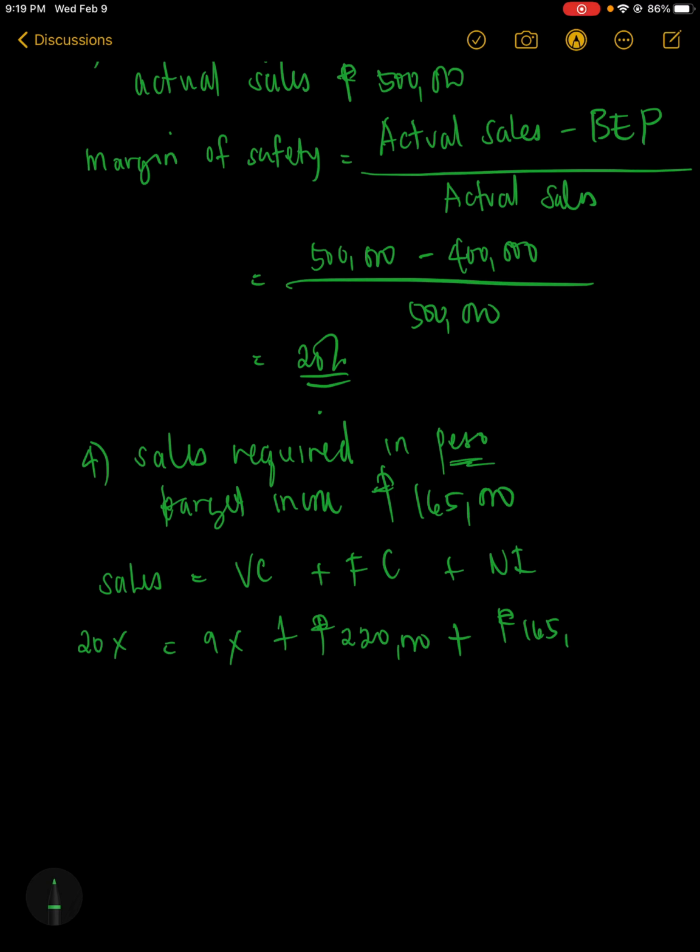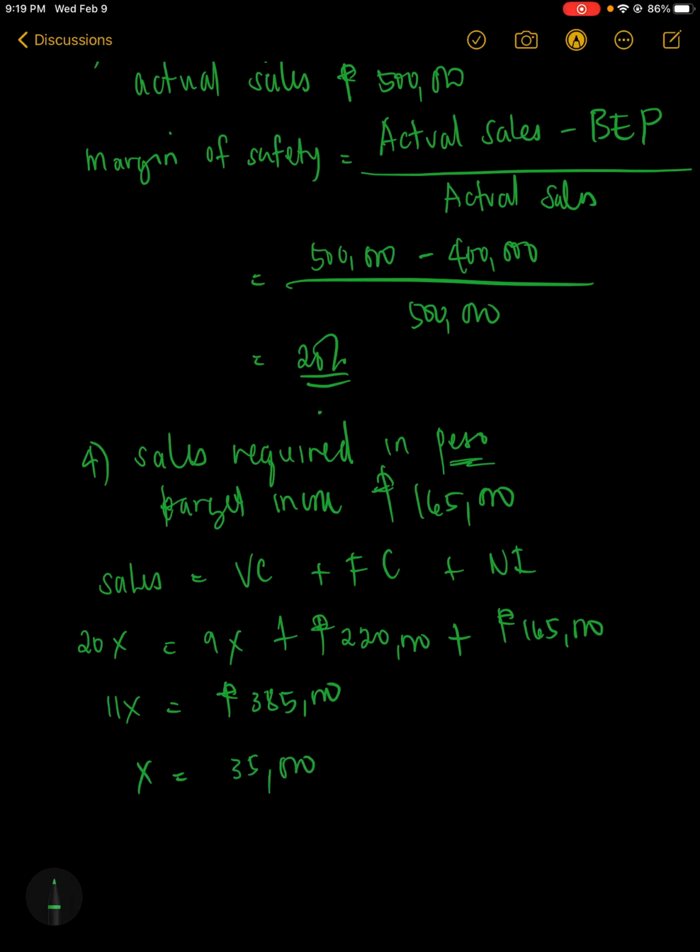So, you will use the 165,000 here. And then, you'll do the math again. So, that would be 11x, and then 220 plus 165, that would be 385,000. And then, our x will be 35,000.